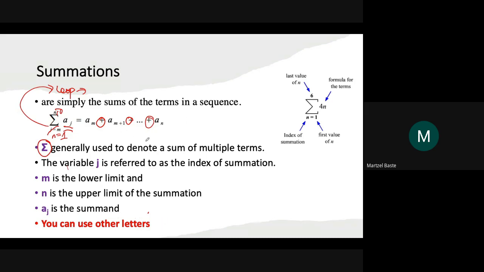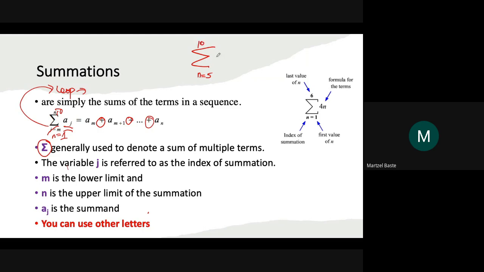You can use other letters, as I've said. Instead of m, you can use n. Instead of n, you can use i, j, k, l, m, o, p. But usually, what is used for summation in regular books is i or n. So let's say you start with 5, and the upper limit is 10.